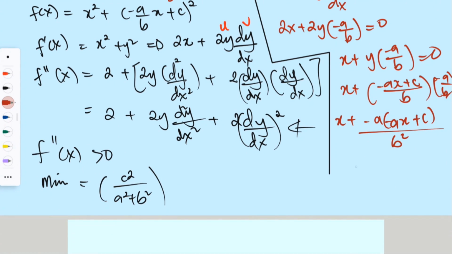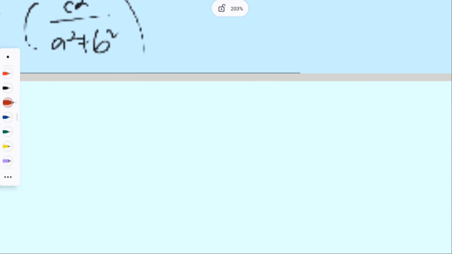Get a common denominator: b squared x plus negative a times negative ax is positive a squared x, minus ac over b squared. All of this equal to 0. Yet again, b squared cancels out. Okay, so I added a page.